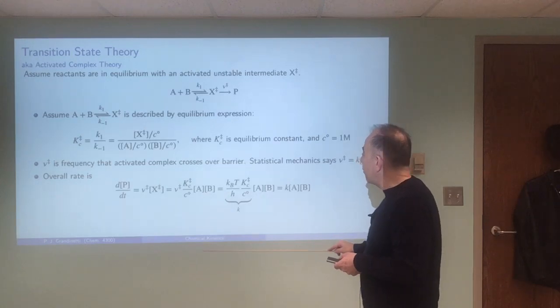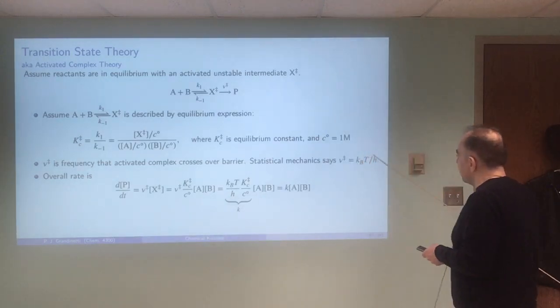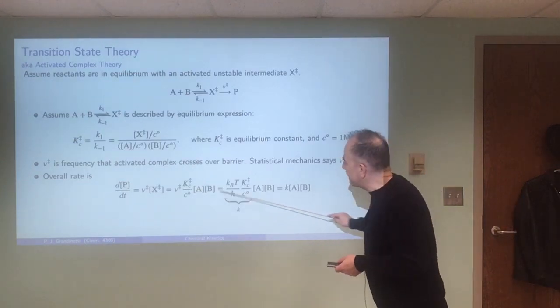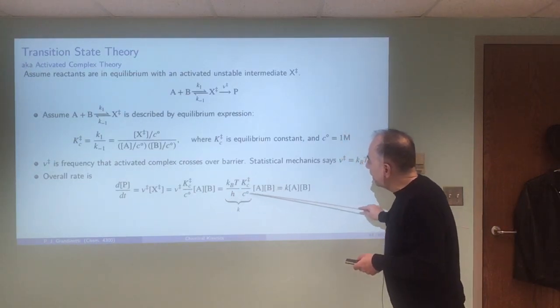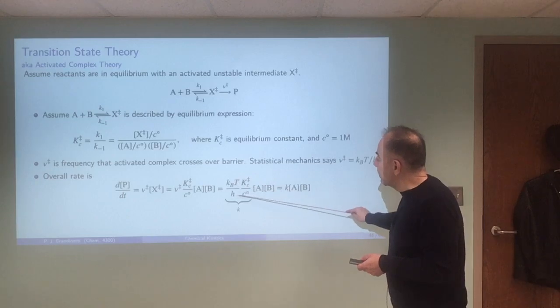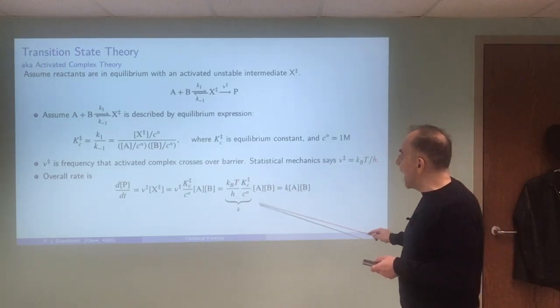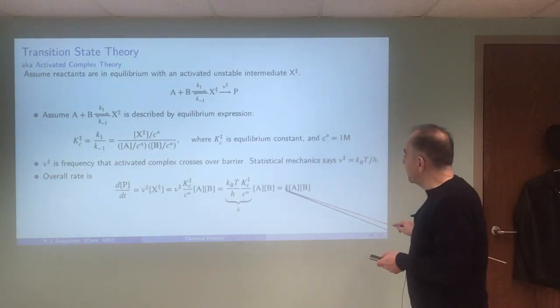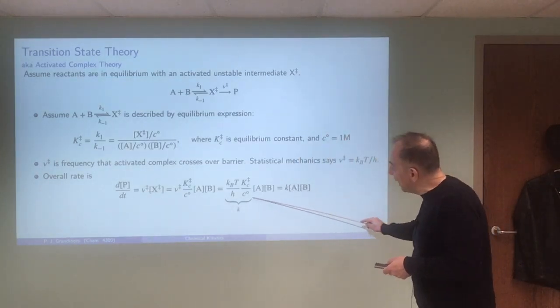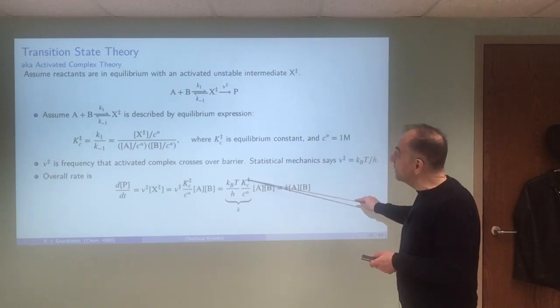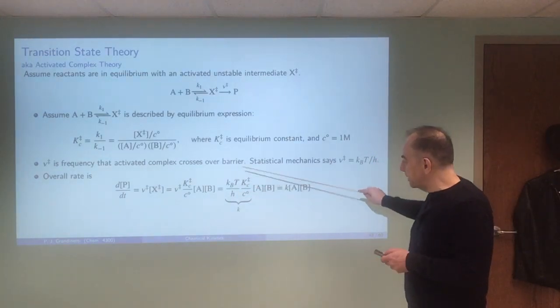Now we can take the expression that we get from stat mech for nu, replace that, and now we have all these terms grouped together. We'll call this the rate constant K. So for this reaction, the rate of the reaction is K times A times B, and we have an expression for K which depends upon temperature and this equilibrium constant.